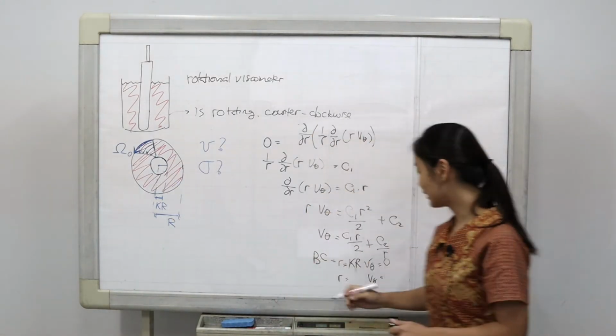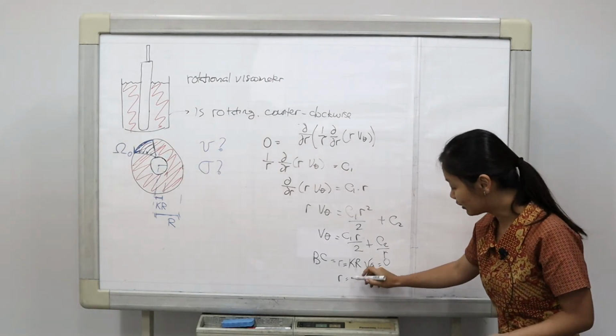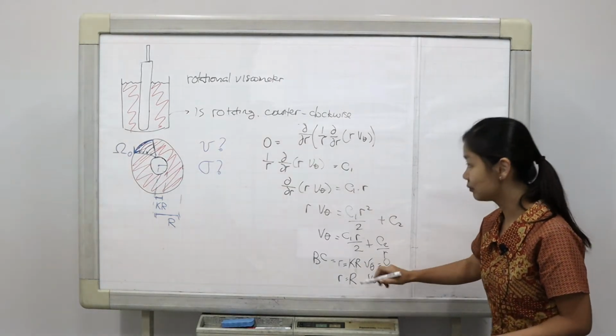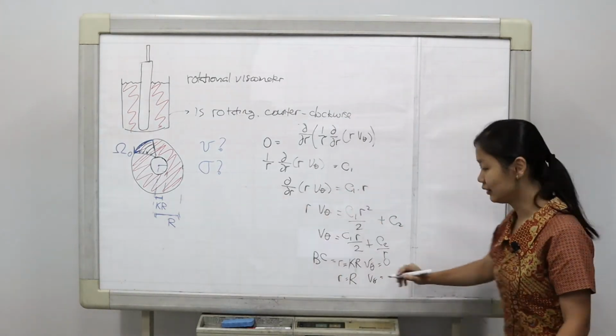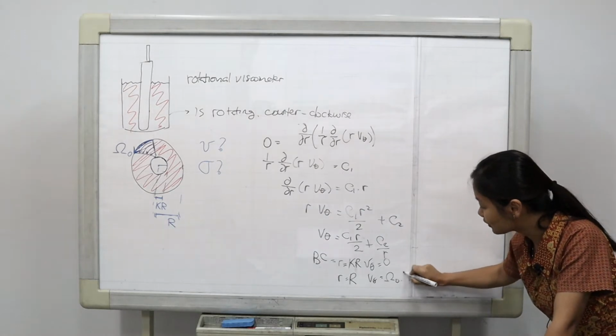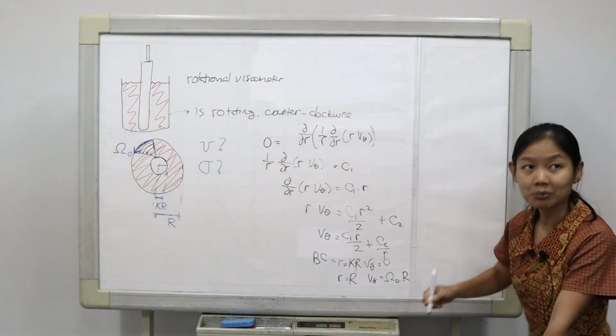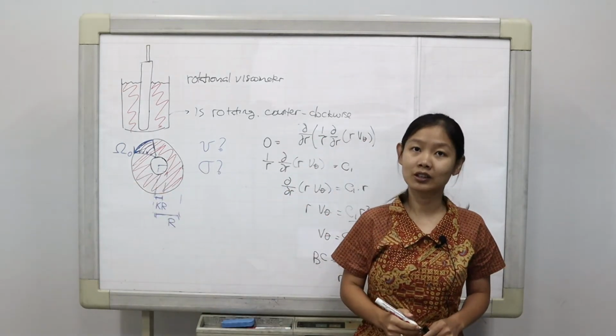The second boundary condition is at radius equal to capital R, where our φθ is ω0 times r. Please remember that ω0 is the angular velocity.